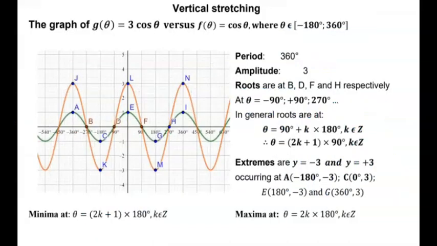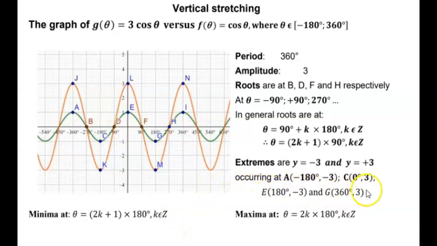On this page you will just find a summary of what we've said about vertical stretching. It is important that you realize that it's only the y values influenced by the vertical stretching and no changes to the roots of the function, and you can write down all the formulas. Make sure that you understand how to write down the formulas.